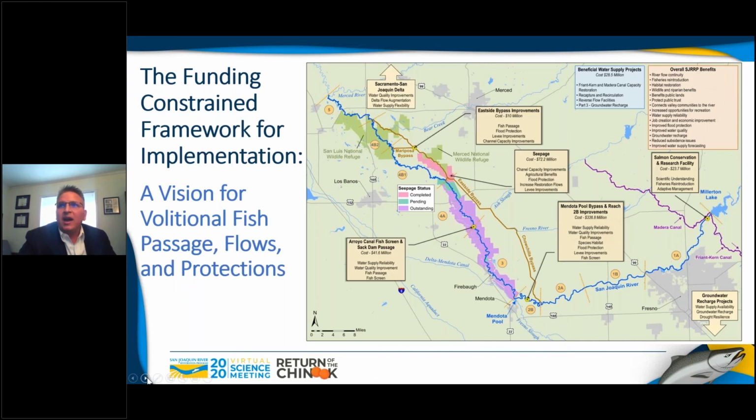So stage one was the reestablishment of spring run and fall run Chinook salmon in the San Joaquin River between the Merced River and Friant Dam, by allowing these fish to move up on their own volitionally, with sufficient flows to manage temperatures and provide that passage, and provide basic habitat needs for the species.